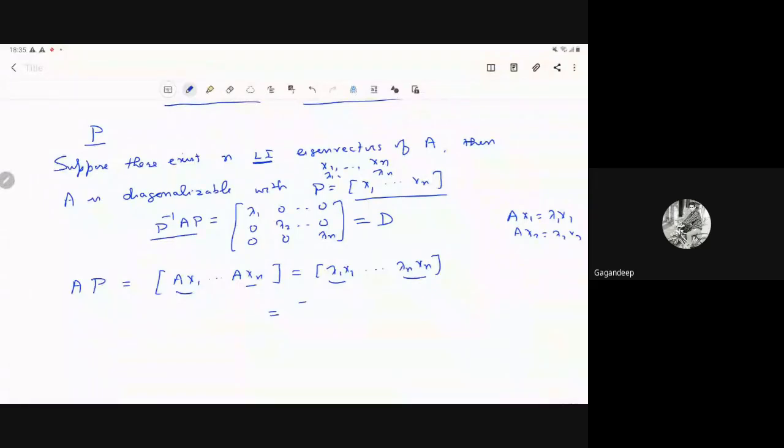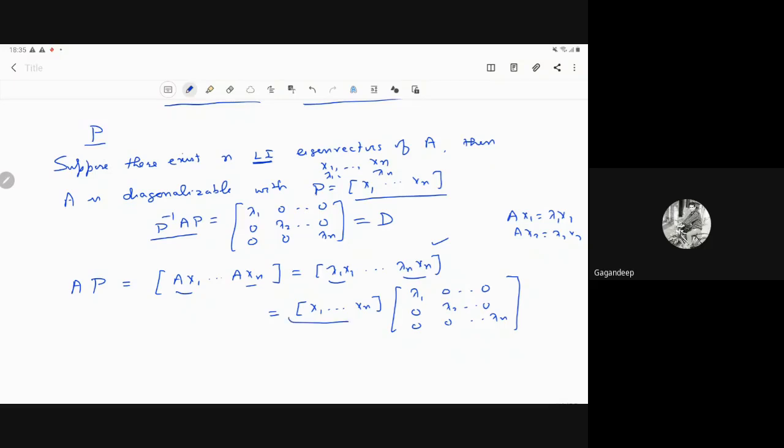This can be written as x1 to xn times the diagonal matrix with lambda 1, 0 and so on, 0, lambda 2 and so on, 0, 0 and so on, lambda n. Check it. If I multiply these, I will get the previous matrix.